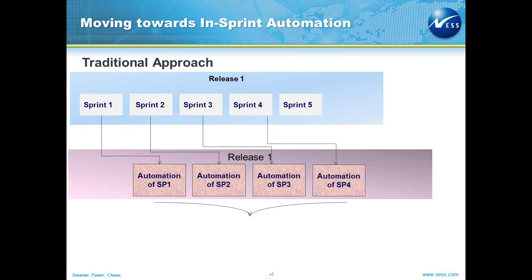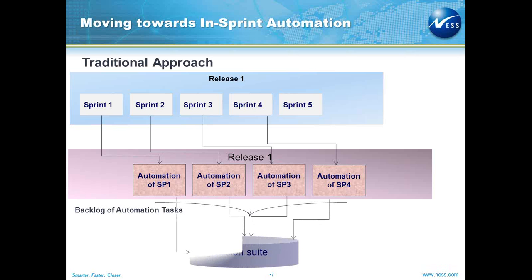So this is nothing but a backlog of automation tasks, and as the release ends and a new release begins, this backlog would keep on increasing. I am definitely building my regression suite, but it is not complete and not sufficient for me to execute every sprint. So probably at the end of sprint 2, I am ready to execute automated cases of sprint 1.